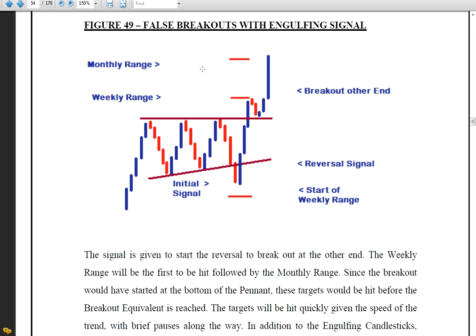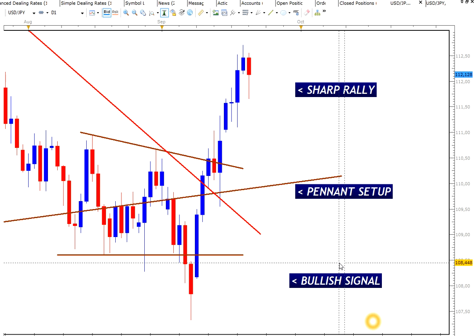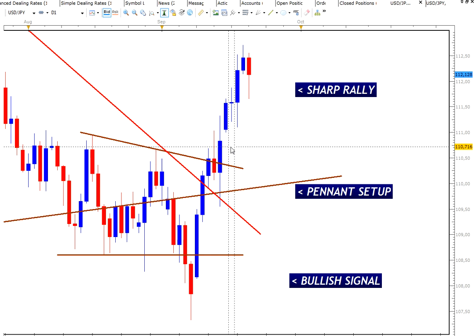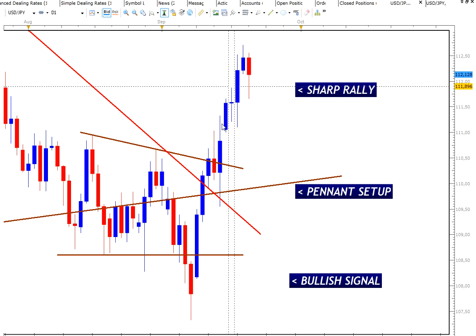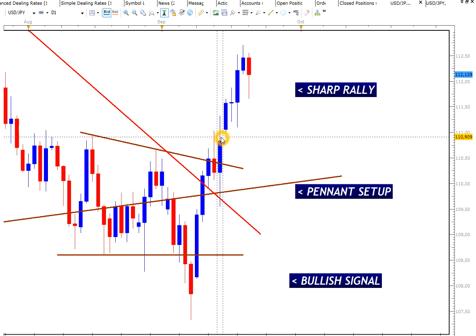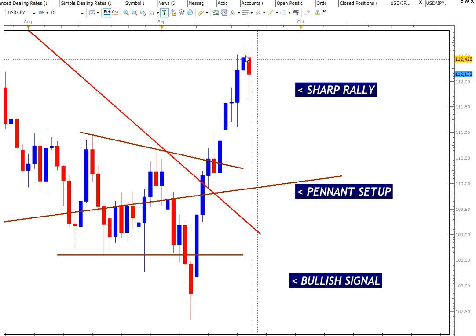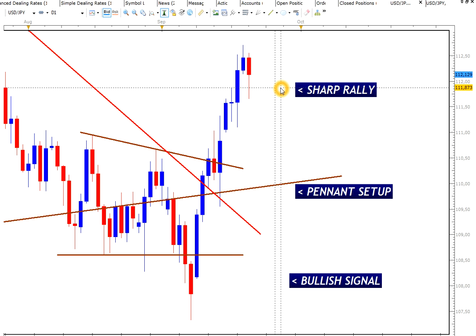So this was the theory behind the forecast for the US Japanese yen. And as you can see here, this breakout and this sharp rally to continue the bullish movement took place exactly as forecasted.